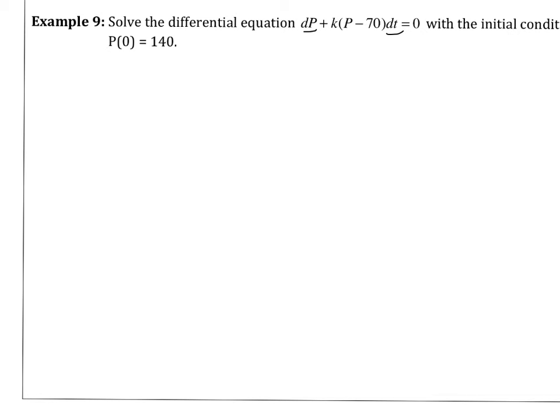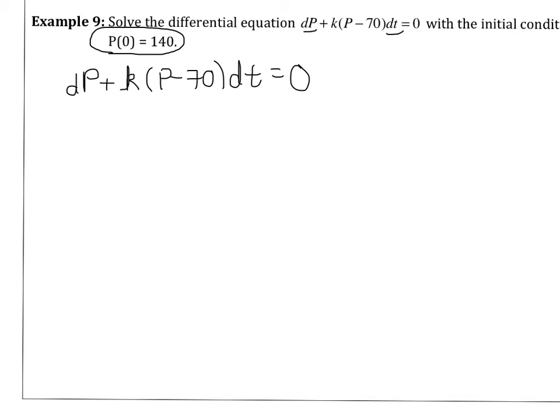Also, t is typically used as an independent variable, but if there were any doubt, this initial condition right here should seal the deal for you, right? P of 0, oh, okay, so P is our dependent variable. All right, so let's just rewrite this. The variables are already separated. We're going to assume that k is constant because we have not been told anything to the contrary.